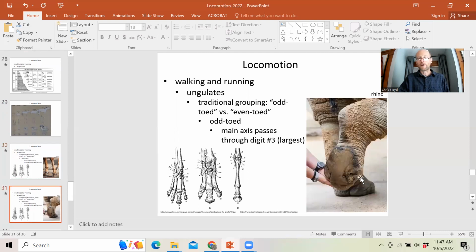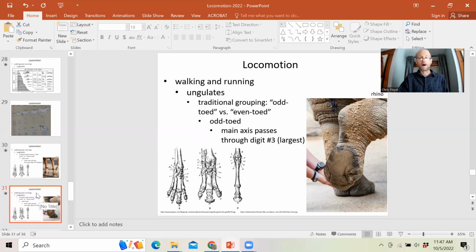So here's an example here. Even though the rhino's hoof is almost elephant-like and it's all enclosed in this one big structure, down in there are 2 other digits which contribute to balance and to weight distribution. But the main axis of the weight passes through that third digit.